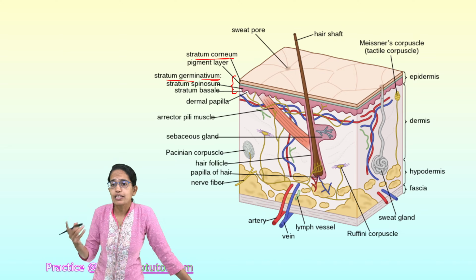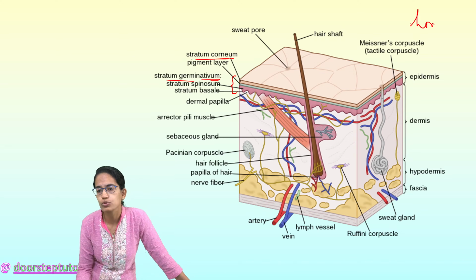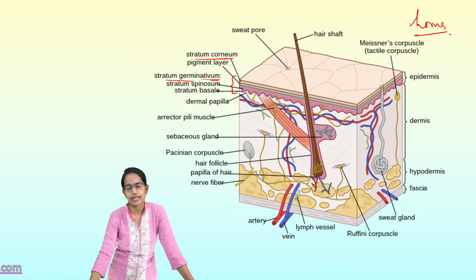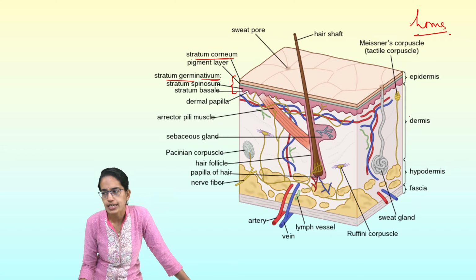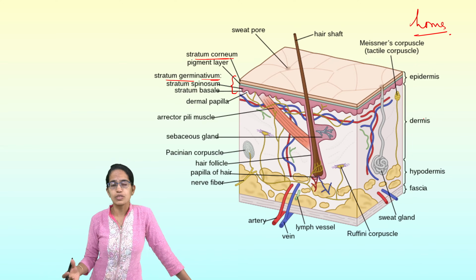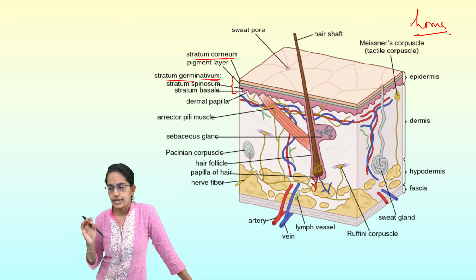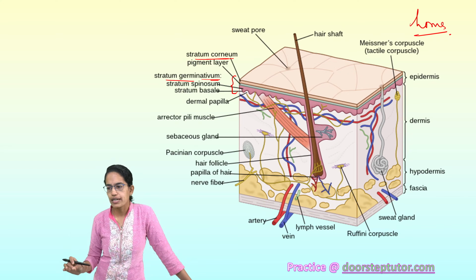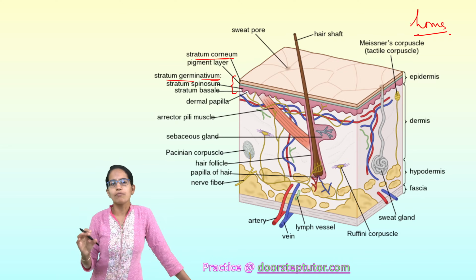Now, in the case of animals, horns are produced because of this cornified layer. They are rich in keratin. Keratin also has this sulfur-containing horny substance, and they are called keratinized or cornified layers.